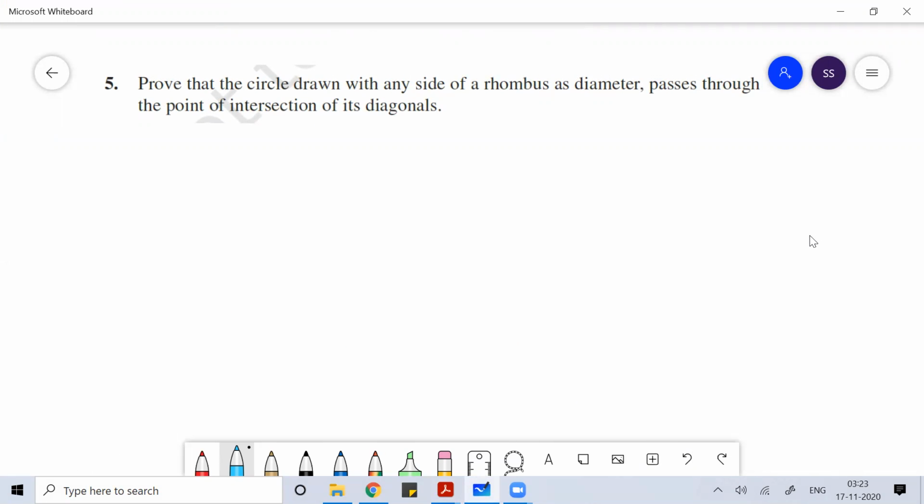Prove that the circle drawn with any side of the rhombus as diameter.